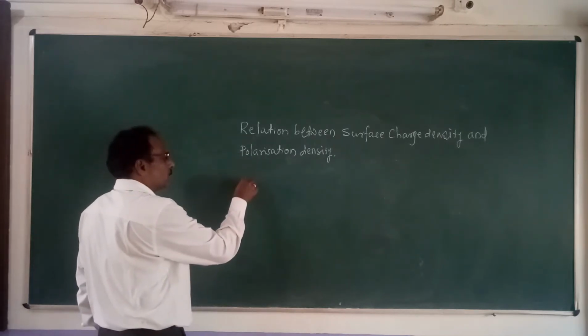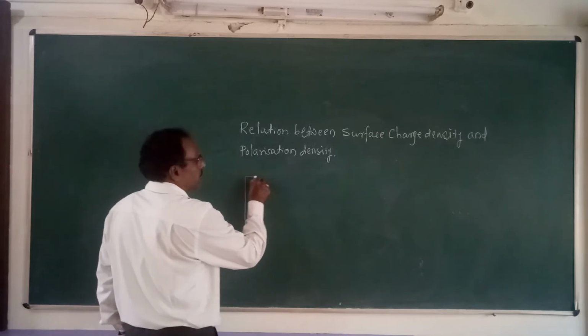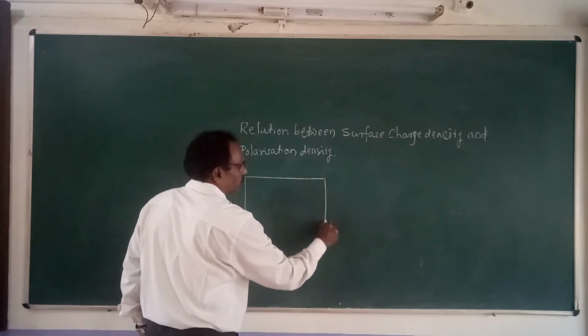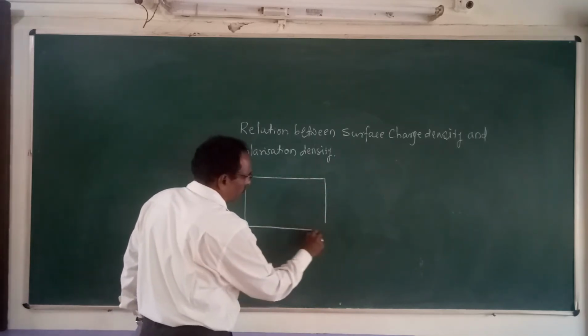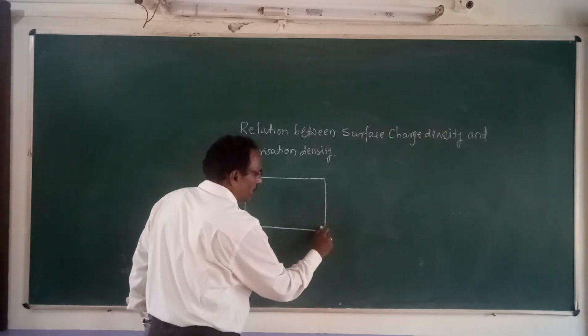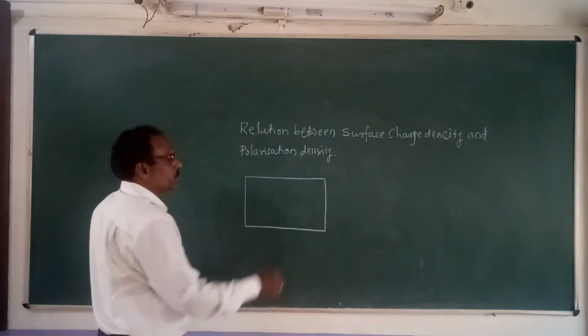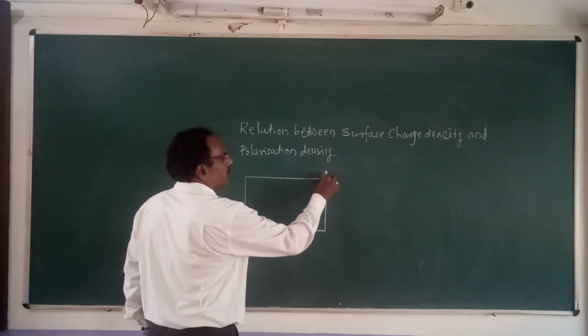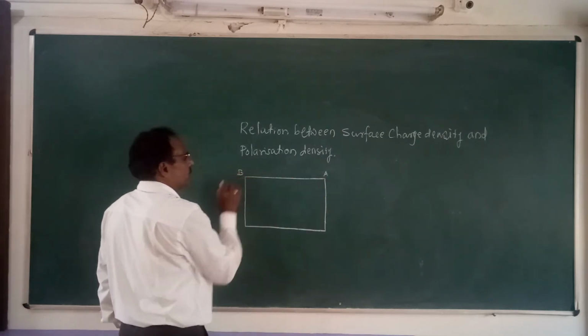Say for example, this is a slab of a material, we call it a dielectric slab. Say this is Na and say Nb.